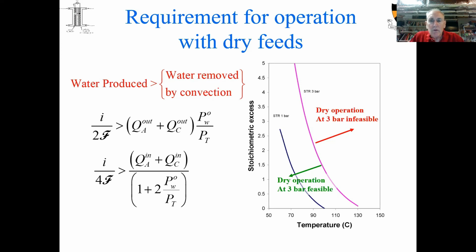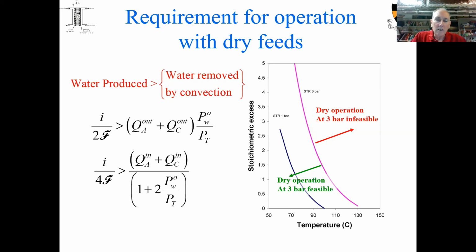We can break this down into a pressure variation, a temperature variation, which is the vapor pressure of water, and then the flow rate, the stoichiometry.